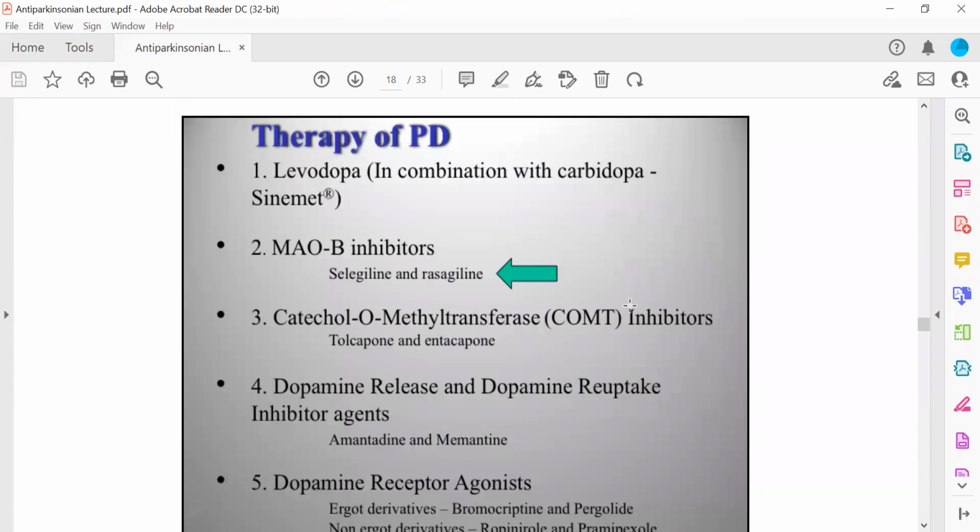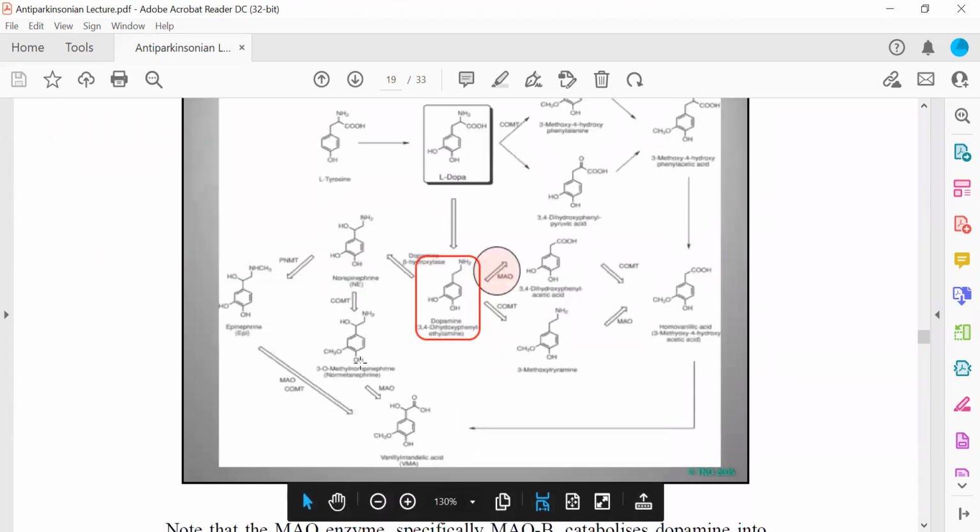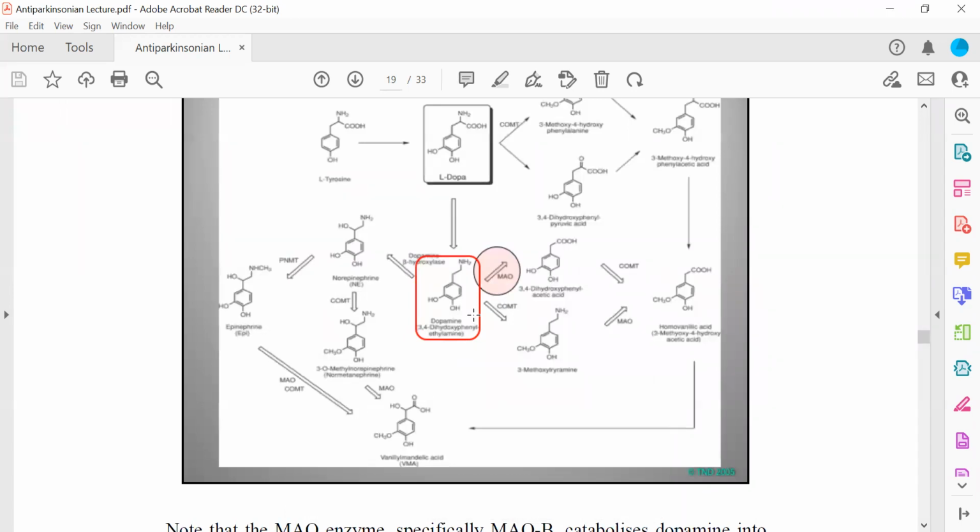Then we get some other drugs as well that we use in combination with levodopa and carbidopa. The first class is our monoamine oxidase B inhibitors. If we go back to the metabolic pathway of dopamine, you'll see dopamine here. There's an enzyme known as monoamine oxidase, and mainly monoamine oxidase B, that converts or metabolizes dopamine into 3,4-dihydroxyphenyl acetic acid, which is a derivative of dopamine, but it is not dopamine anymore.